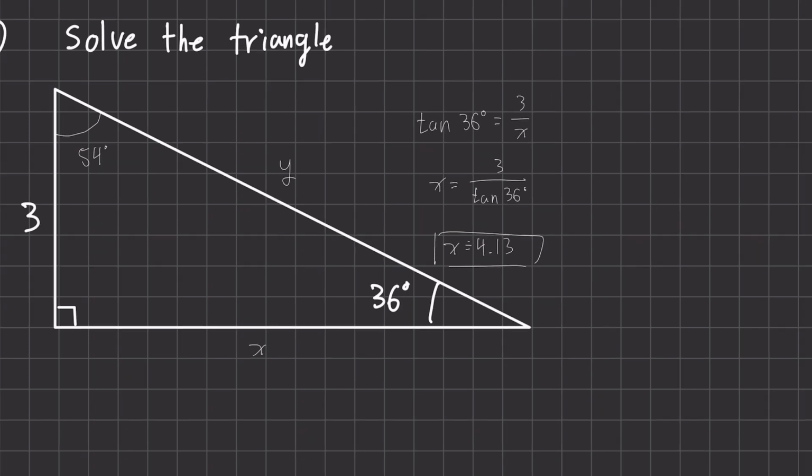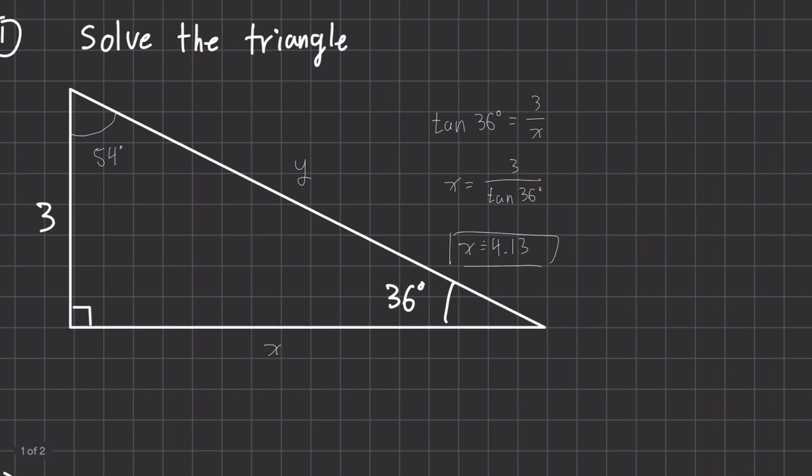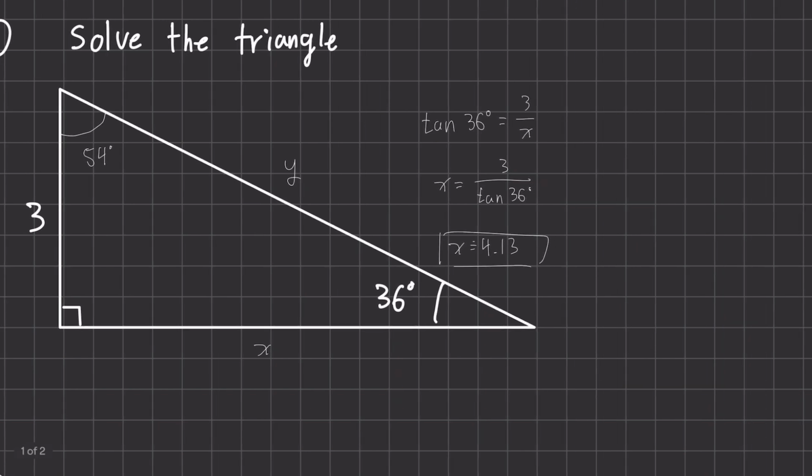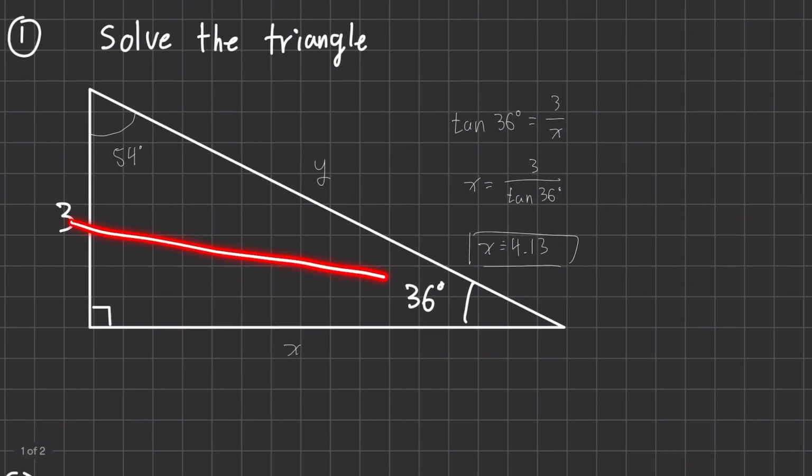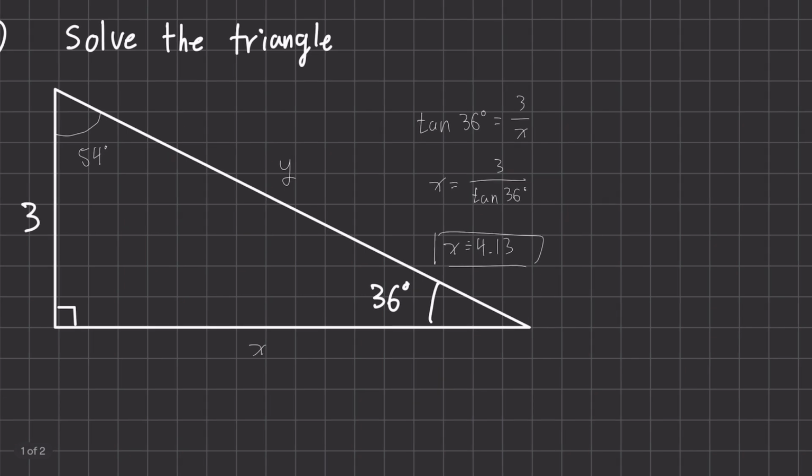Now we need to solve for y here. We have two different ways to solve for y. We can either use the Pythagorean theorem or use trig ratios. Just for the sake of it, we'll use trig ratios using the angle 36 and the side length 3. Again, 3 is opposite to 36 and y is the hypotenuse of the triangle, which means we must use the sine function.